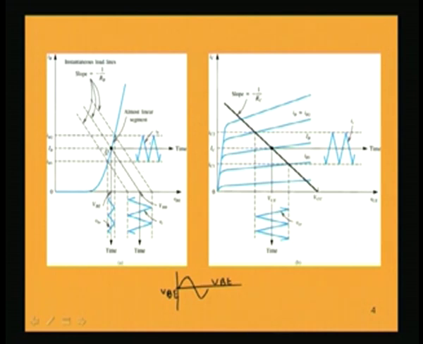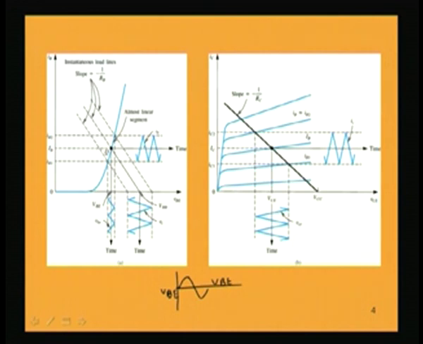Now, the corresponding plot in the output: the output characteristic is a plot between IC and VCE, with instantaneous current and instantaneous voltage, a combination of DC and AC. Corresponding to a particular IB, we have a particular value of IC. As IB increases from its DC value, IC will also increase.